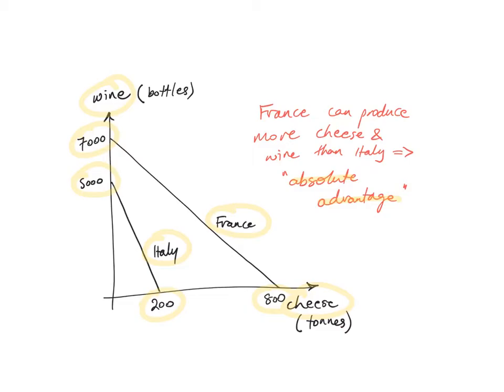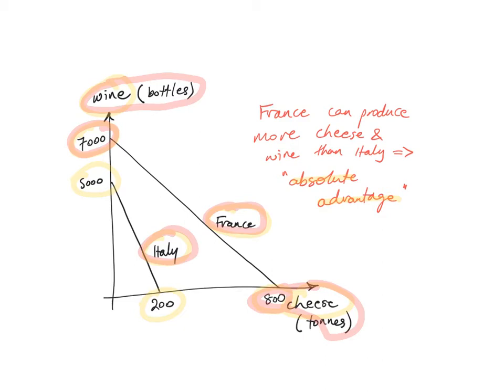So here's a situation where we are looking at two countries. We've got Italy and we've got France. On the y-axis, we have the production of wine measured in bottles, and on the x-axis, we have the production of cheese measured in tons. You can see that France produces 7,000 bottles of wine and 800 tons of cheese.